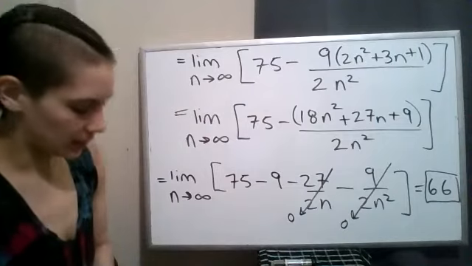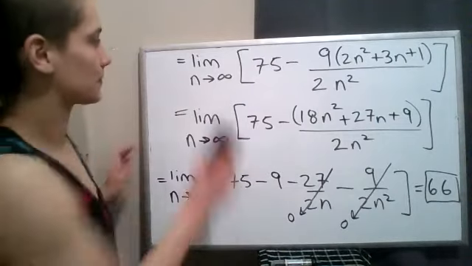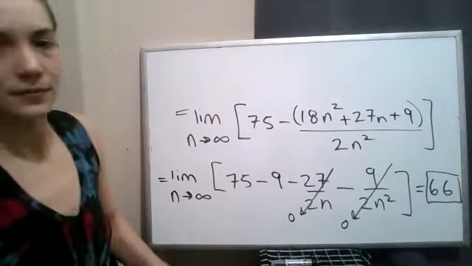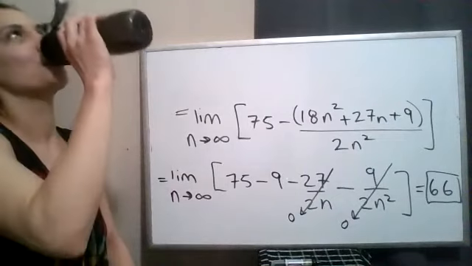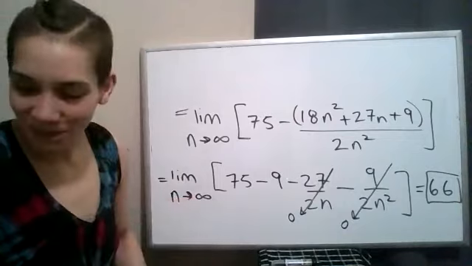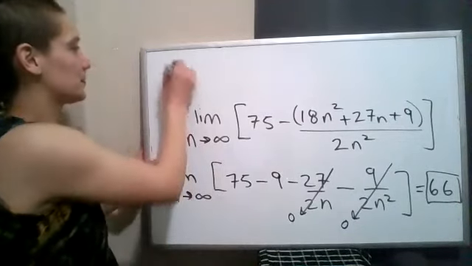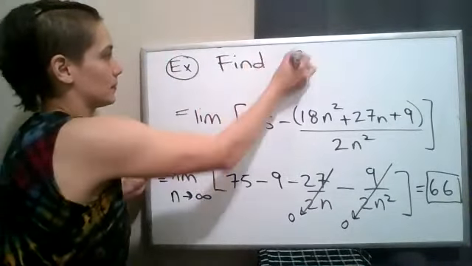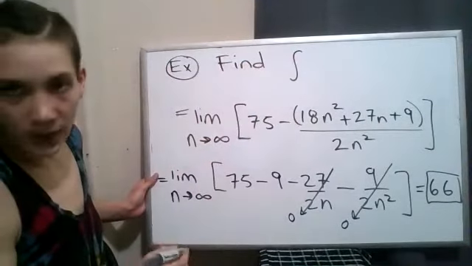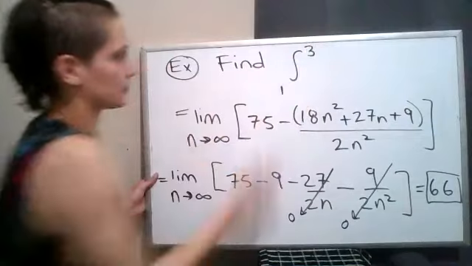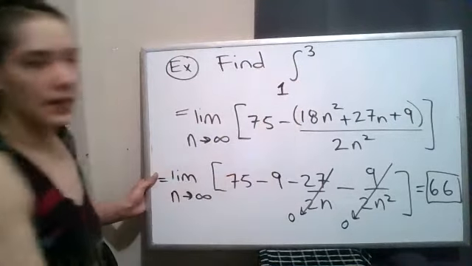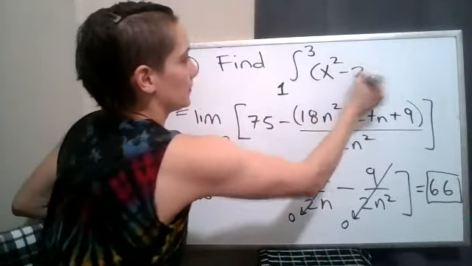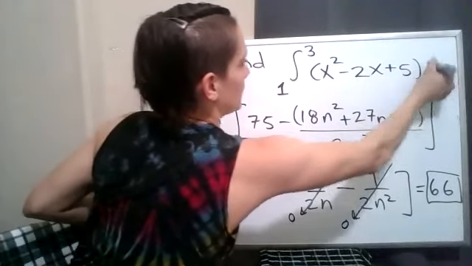There's one more example like this. We integrate from 1 to 3, and the function is x squared minus 2x plus 5 dx.